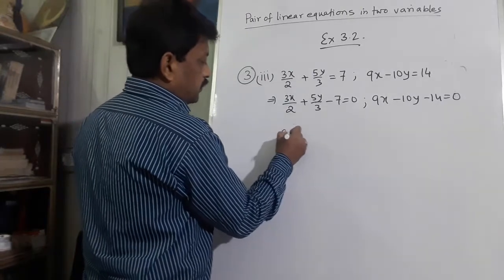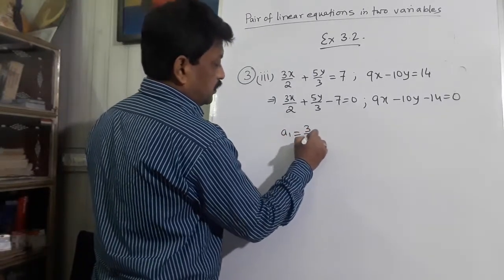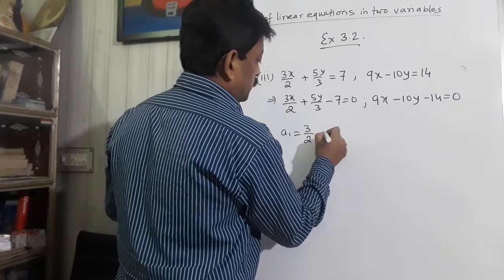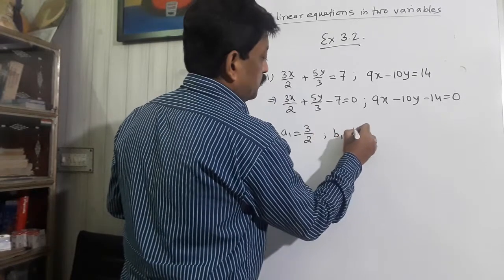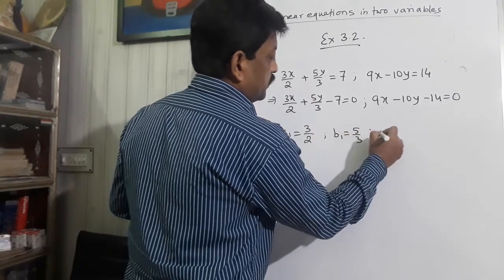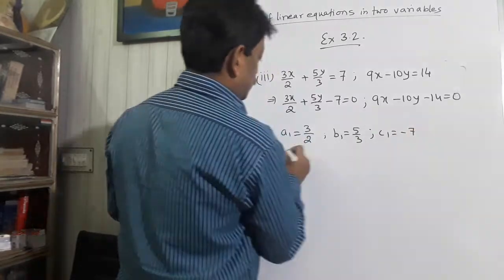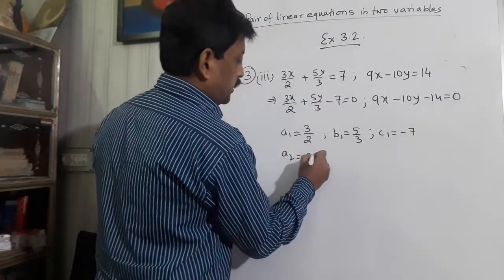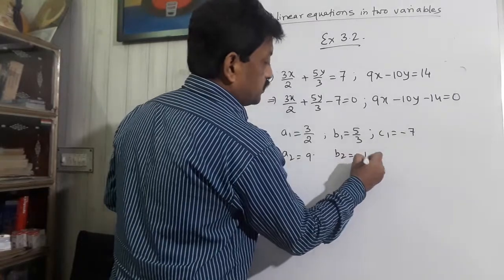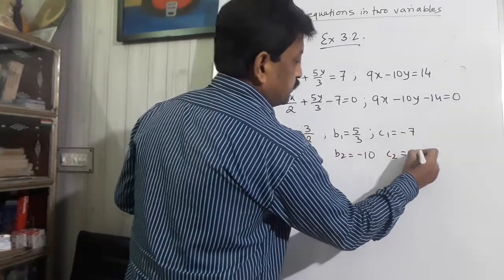So here a1 is 3 upon 2, b1 equals 5 upon 3, c1 equals minus 7, a2 is equal to 9, b2 equals minus 10, and c2 equals minus 14.